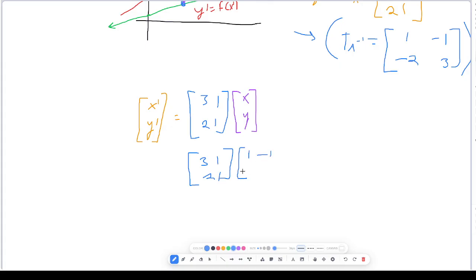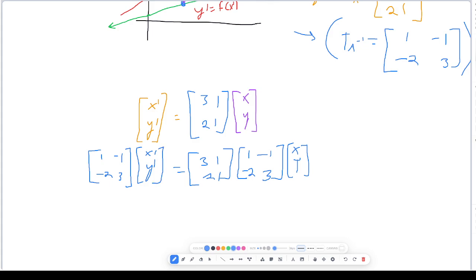1, negative 1, negative 2, 3, and then xy. And then on this side, we're going to put 1, negative 1, negative 2, 3, x prime, y prime. Okay? So that's all we're doing.